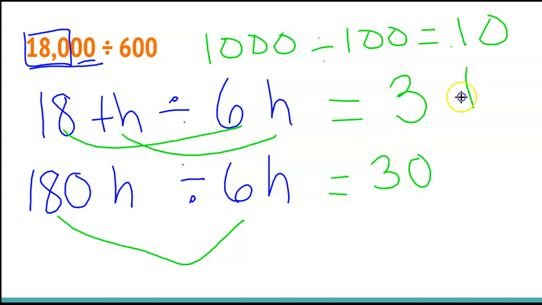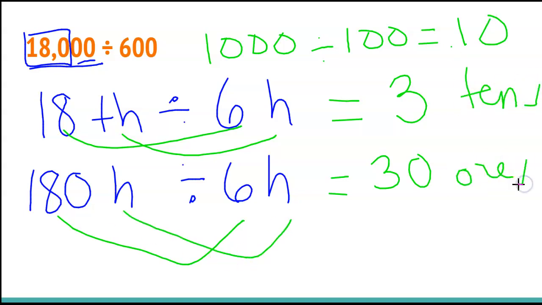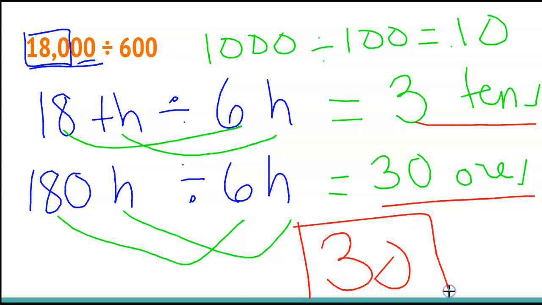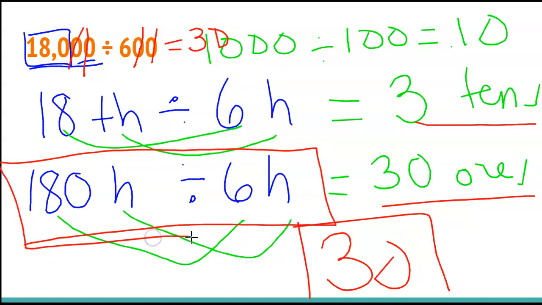So this is going to be 3 tens, or 100 divided by 100, that's going to be ones. No matter what, I get that same final product of 30. If I had done my zeros shortcut, 180 divided by 6, that gives me 30. Again, that's the same as this unit form right here.